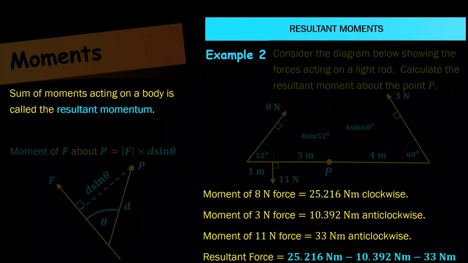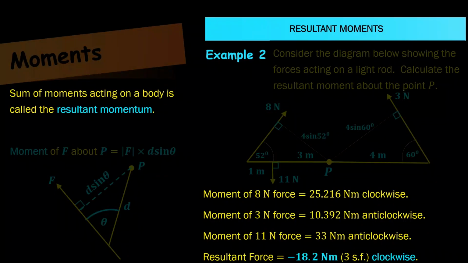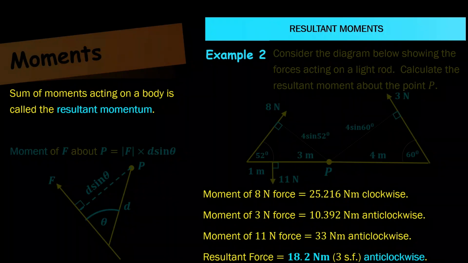Therefore, the resultant moment is equal to minus 18.2 Newton meters clockwise, or 18.2 Newton meters anti-clockwise.